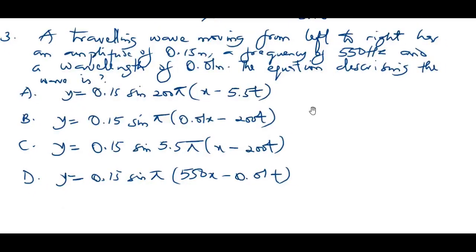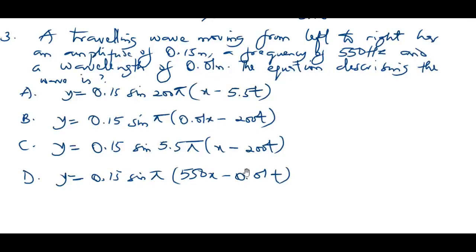Alright, let's look at question 3. A traveling wave moving from left to right has an amplitude of 0.15 meter. When you are told that a wave is moving from left to right, that is positive x direction. Okay, a frequency of 550 Hz and a wavelength of 0.01 meter.